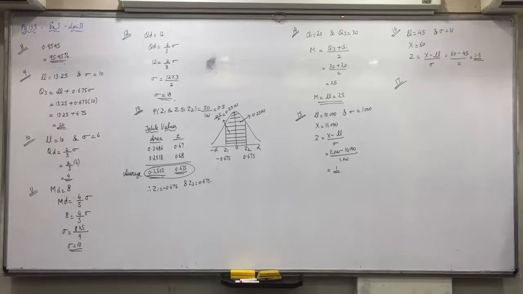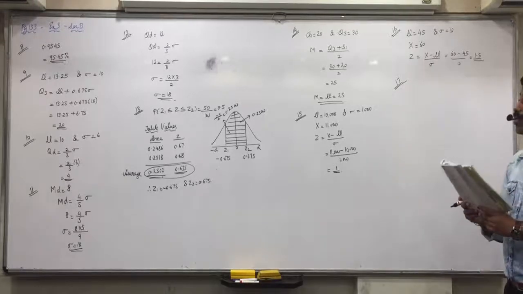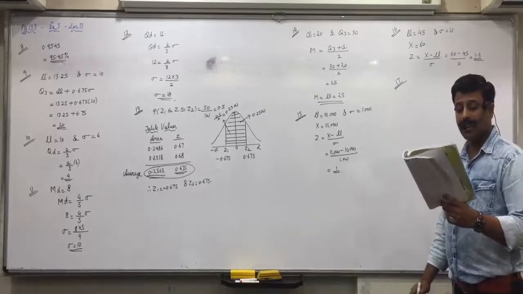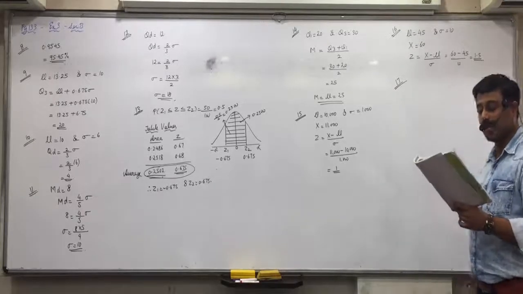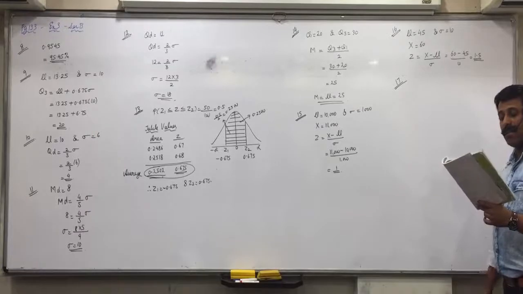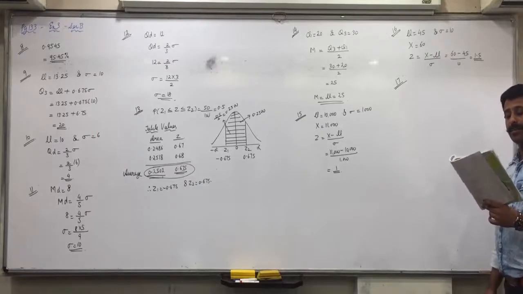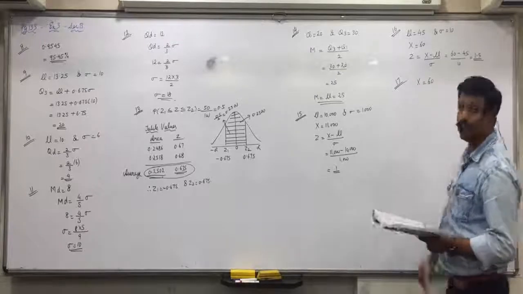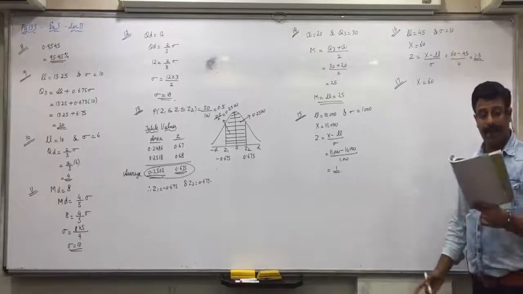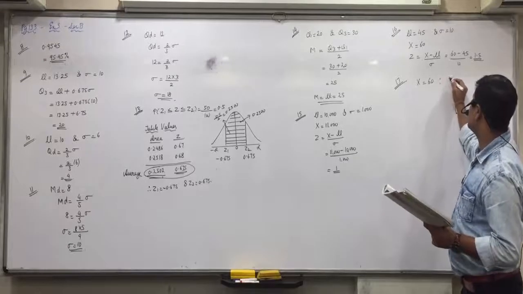17th. Marks obtained by students of a school in economics subject follow normal distribution with mean mu and standard deviation sigma. The value of Z score that a randomly selected student obtained for 60 marks: 60 marks means X is 60, and he obtained the Z score 1, means Z is 1.